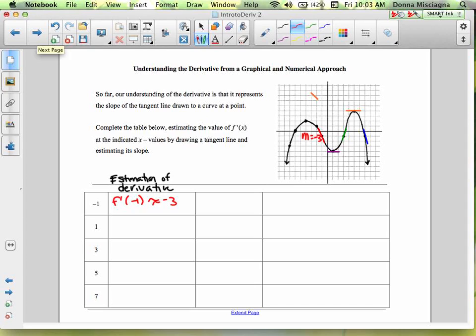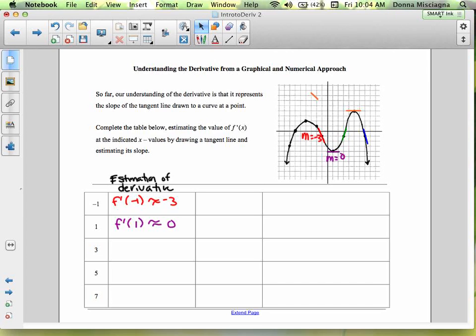All right, so then moving along, next one is pretty easy at 1. Slope is 0. So f prime of 1 is approximately 0, though I feel pretty confident that that's 0. And then the green one there at 3, let's see. Looks like it's going maybe up 2 to the right 1.